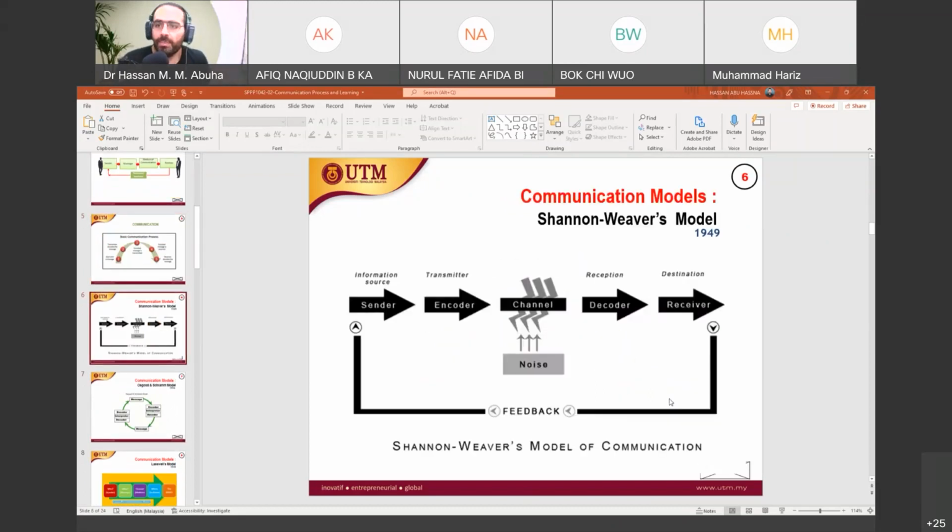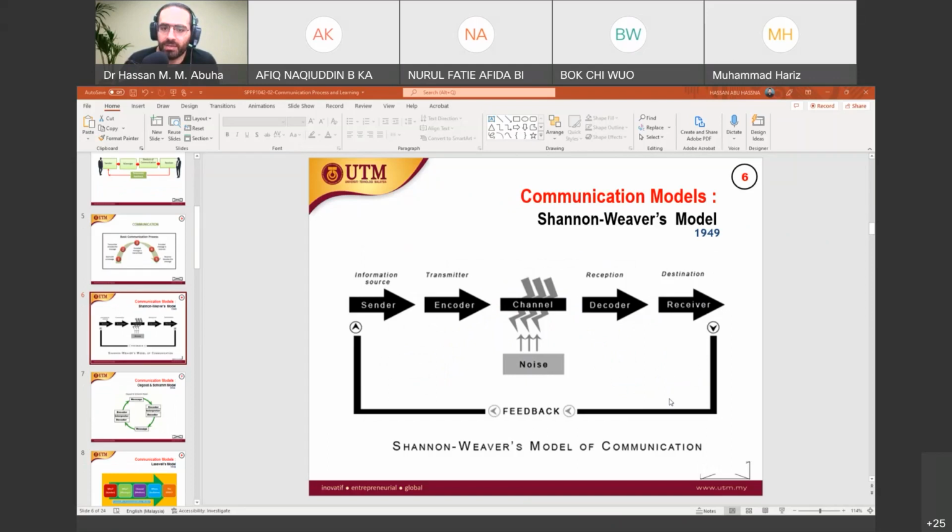So now let's talk about the models. We have 5 or 6 models of the communication process, and these models are based on each theorist. All right. So let's have the first one, which is Shannon-Weaver's model.